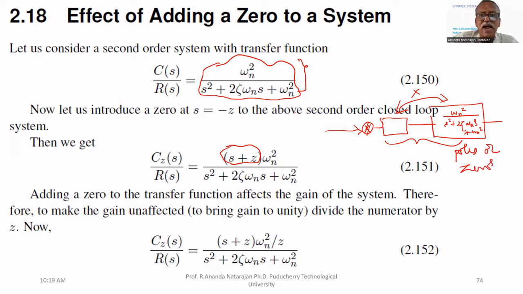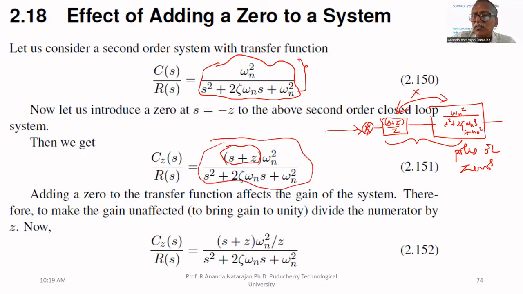The first thing is adding a zero to that system. So I am having another separate system which has a zero, S plus Z, which is cascaded with this. If you cascade like this, what will happen? The new system becomes like this.